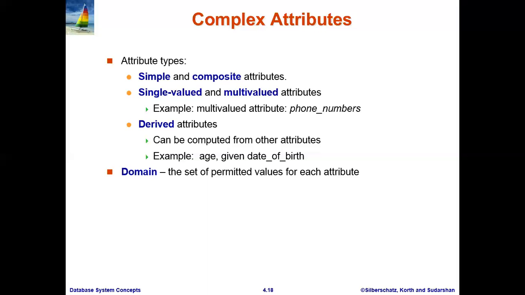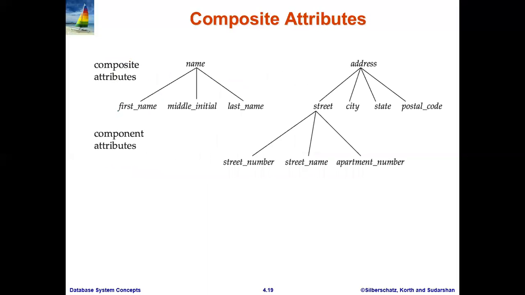Attribute types are, as we said, simple. Suppose we take student's name, student ID, student class, and student branch.